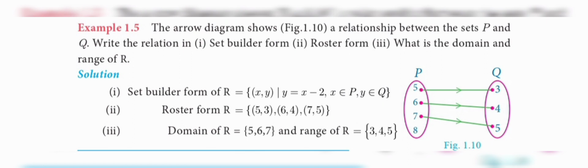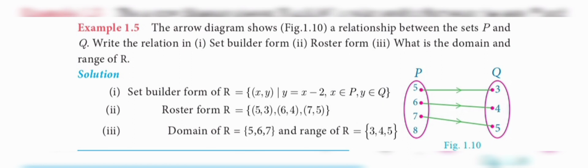So y here is x minus 2, because the element 5 is related to 3, 6 to 4, and 7 is mapped to 5. Each element in P is related to an element in Q which is 2 less. So we write y equals x minus 2, where x belongs to P and y belongs to Q. Hence, the set builder form is completed.